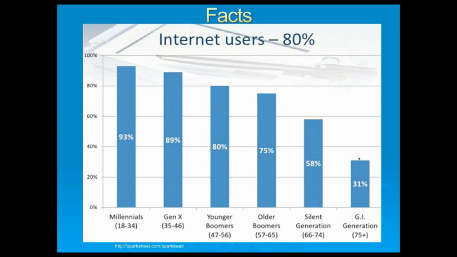I know my grandmother uses it to order shoes, to order nursing supplies, all kinds of things. They definitely know about the major websites out there, especially Amazon, because they can get a lot of good discounts on there. So there's a wide range of percentages of people within different age groups on the internet, but as you can see, pretty much everyone is on the internet.